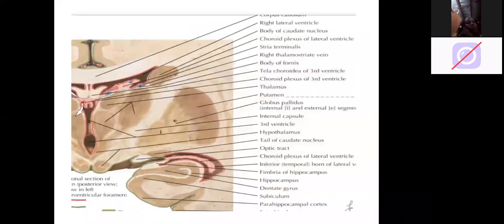As we can see here, we have a diagram showing the roof, the body of the corpus callosum, and the floor, which is really very important because of callosal surgical procedures, which will go through the corpus callosum here and then get into the lateral ventricles, and for some procedures from the lateral ventricles into the third ventricle.